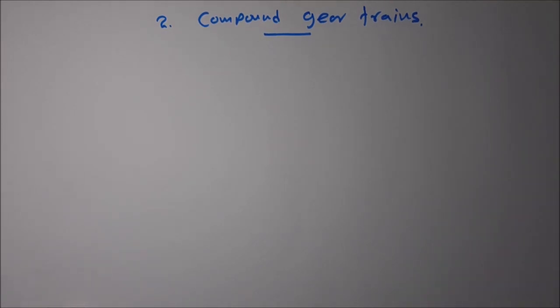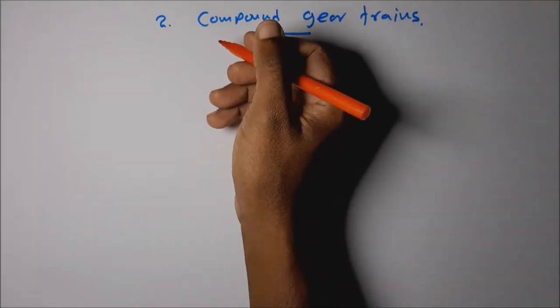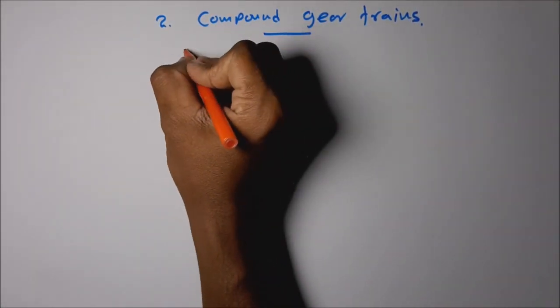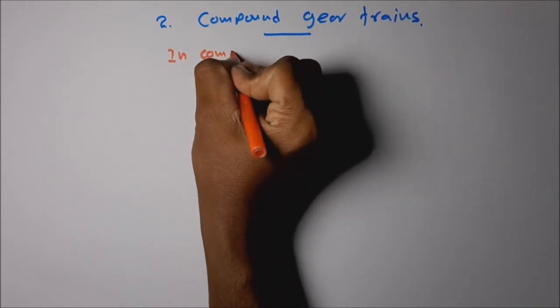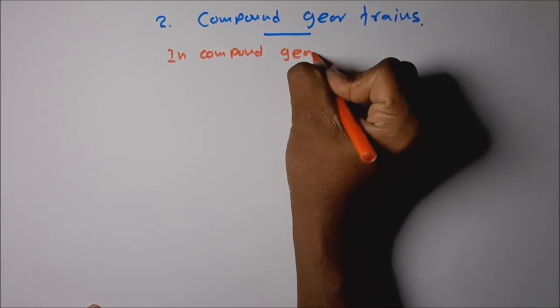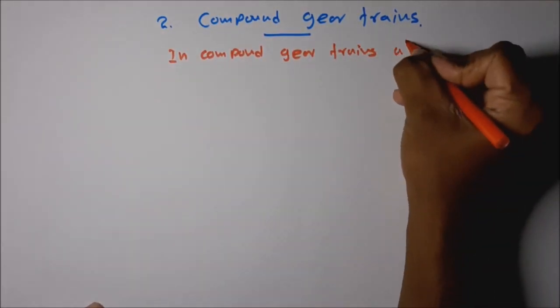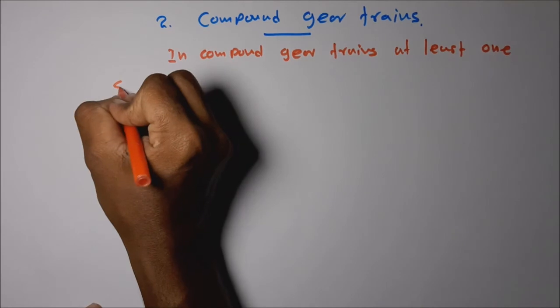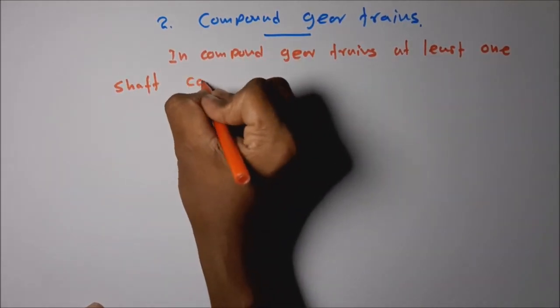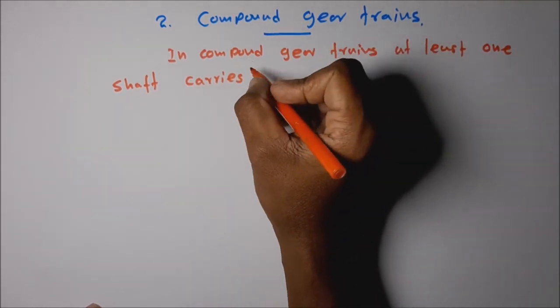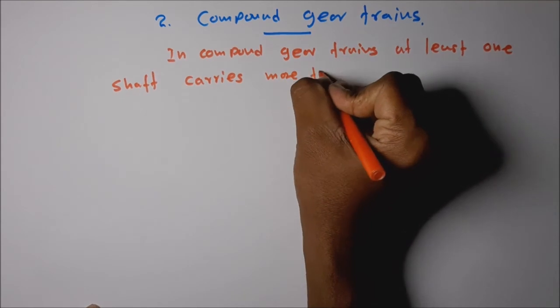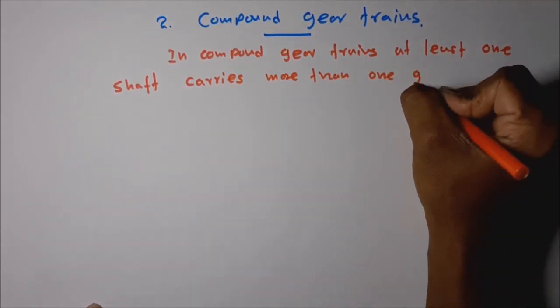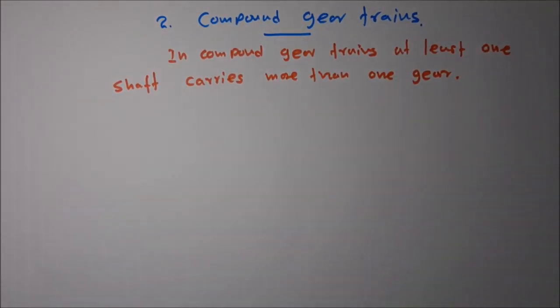In compound gear trains, at least one shaft carries more than one gear.